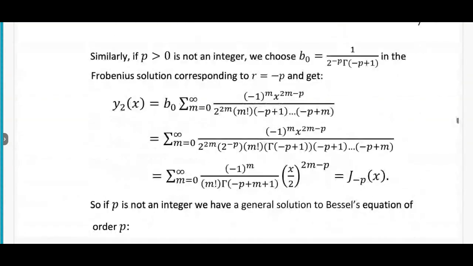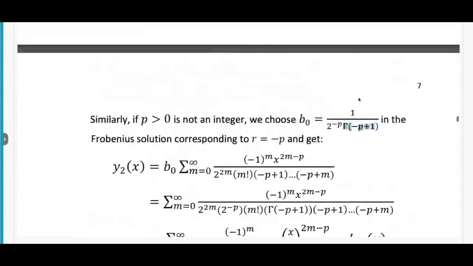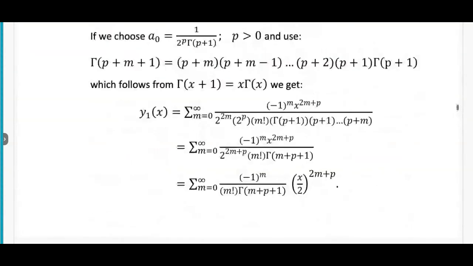So similarly, if p is positive and not an integer, it could be a fraction. And we choose b naught to be 1 over 2 raised to negative p and gamma of 1 minus p. That's for the second case.